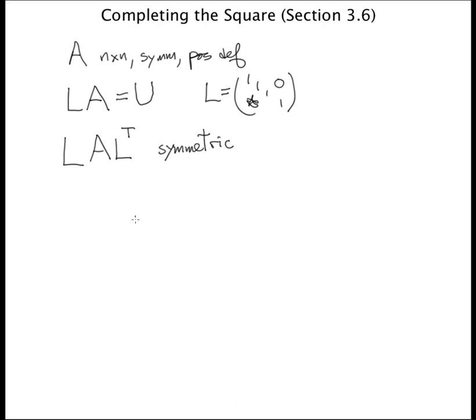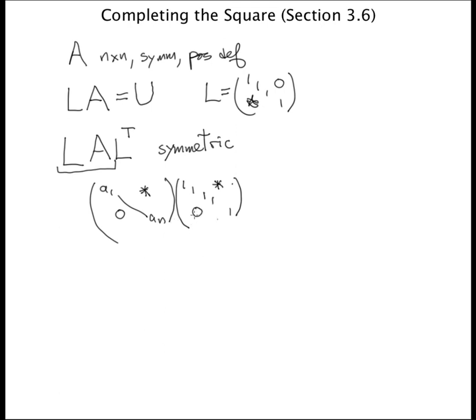And let's think about that for a second. So this L times A is some upper triangular matrix, A1 down to An, 0, star. And then I'm multiplying by L transpose. So L transpose is 1s, 0, and something up here, because when you take the transpose of this matrix, it looks like this.